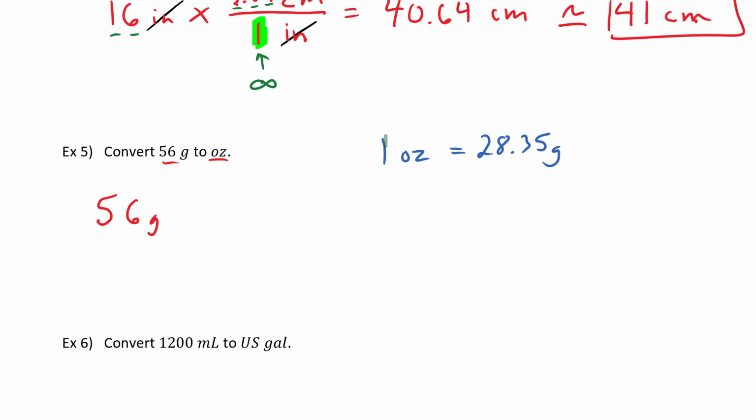Now remember, this is an exact number. The other number is a measured number. So we will use this as our conversion factor. Grams on the bottom, ounces on the top. Grams cancels out grams. I'm left with ounces.